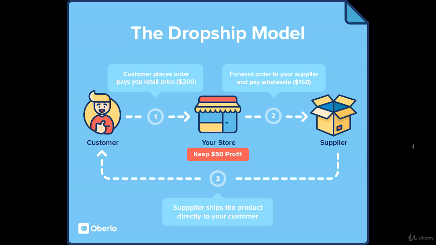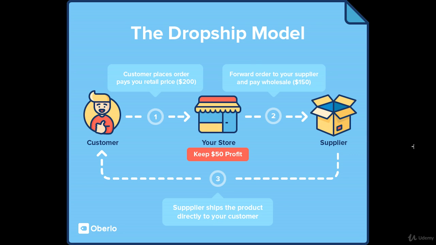Now, first of all, imagine there is a customer. And that customer wants to buy something in your online store. So we created an online store, or for instance on Facebook Marketplace, we created an offer and people want to buy our product. We listed our product for $200, and now what we do in our store, in this case on the Facebook Marketplace, is we don't even have the product yet. As soon as the order comes in, we buy the product that the customer wants from a so-called supplier.